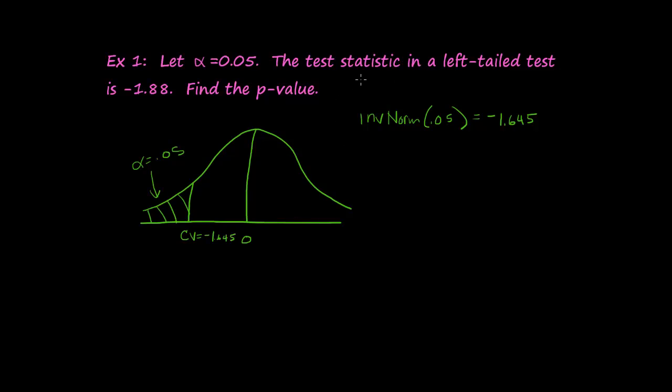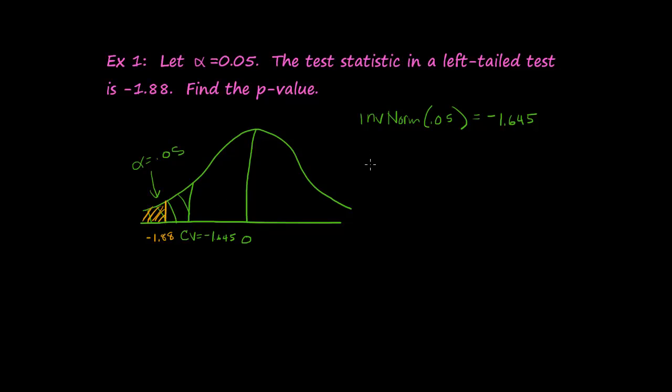Okay. Well, in this left-tailed test, we have a test statistic of negative 1.88. So that would be a little further to the left of negative 1.645. The p-value is the area associated with the test statistic, so it represents this area. So to find this area, recall how we find the probability when given the z-score.